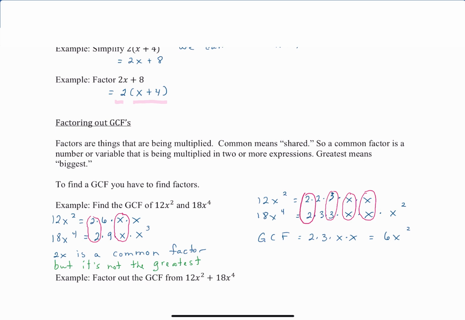There are a lot of techniques for finding GCFs that are covered in algebra classes. I'm not going to cover them here. I've just demonstrated you can break things down completely and look for every single individual factor you can find.